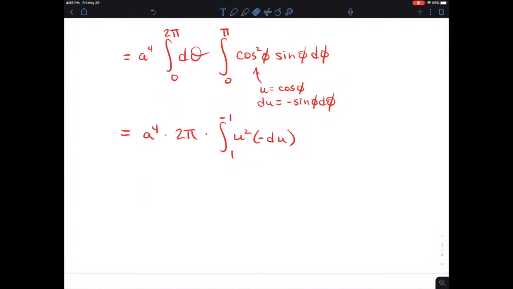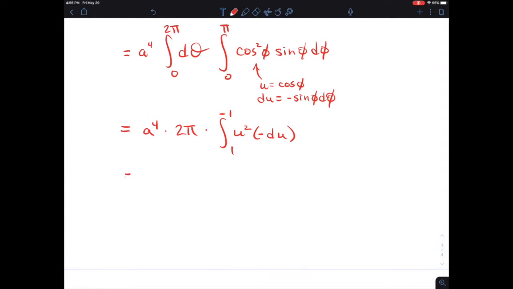Okay, so this is 2 pi a to the 4th. I guess we can put a 1/3 u to the 3rd from -1 to 1. I just kind of change the limits and make this whole thing positive. So it's 2 pi a to the 4th times 1/3, and you'll have a 1 to the 1 minus -1 here.